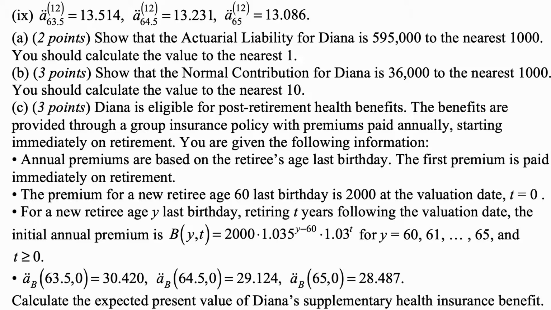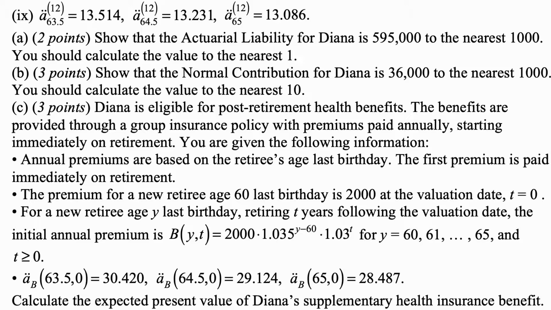For a new retiree age y last birthday retiring t years following the valuation date, the initial annual premium is b(y,t) equal to 2,000 times 1.035 to the power y minus 60 times 1.03 to the t, for y equal to 60, 61 through 65 and t greater than or equal to 0.